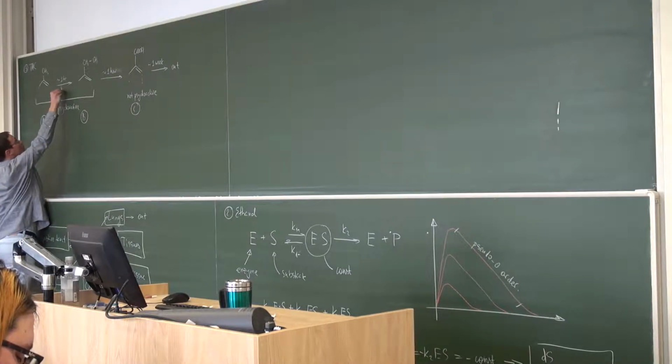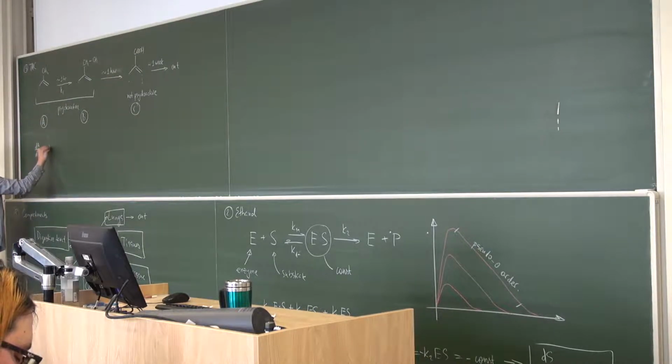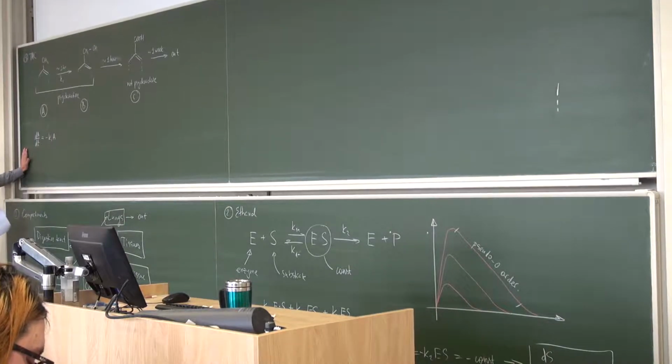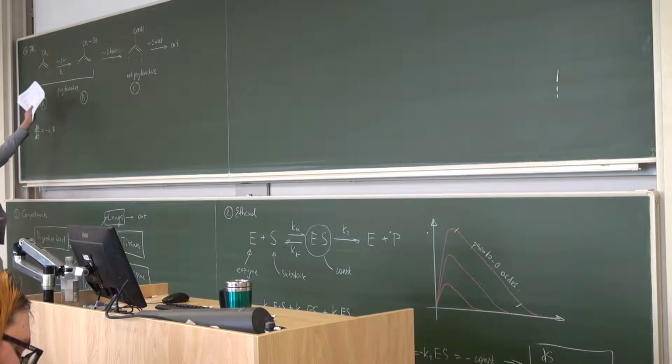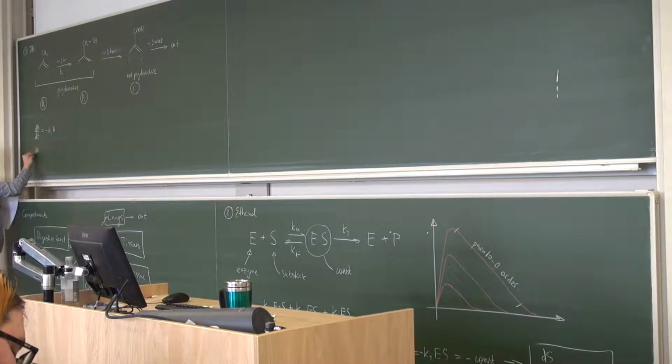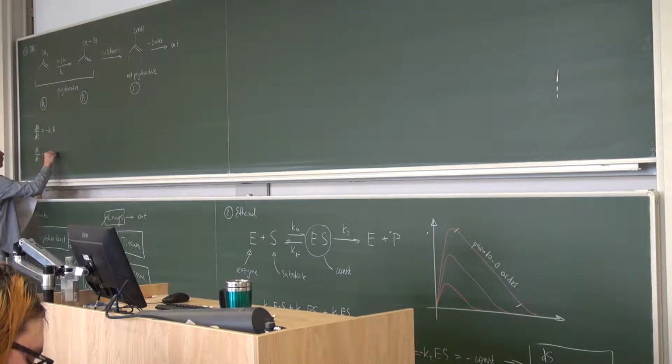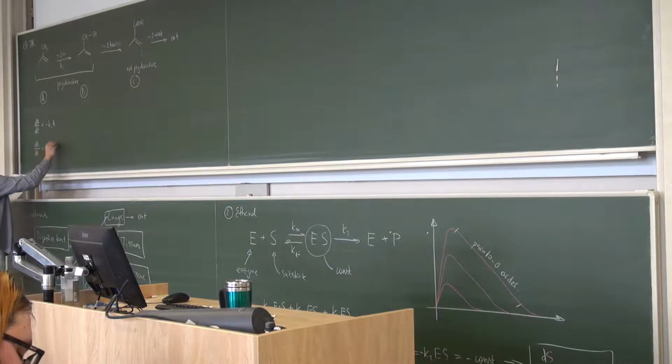Let's call this minus K1A. Then A goes into B, so dB by dt is whatever arrives from A, plus K1A, and then whatever departs into C, minus K2B.